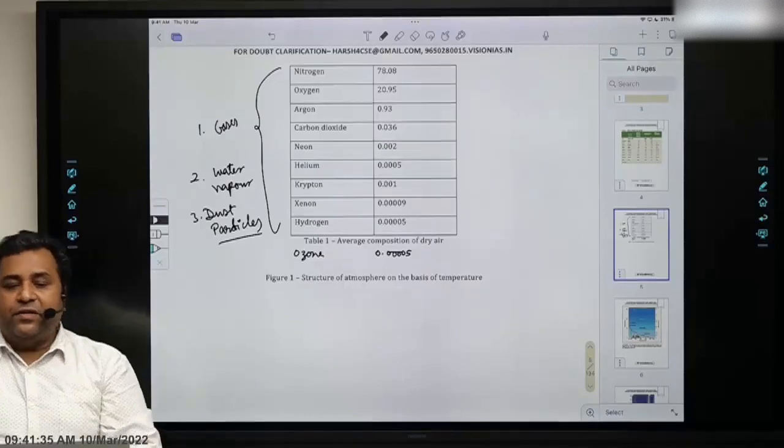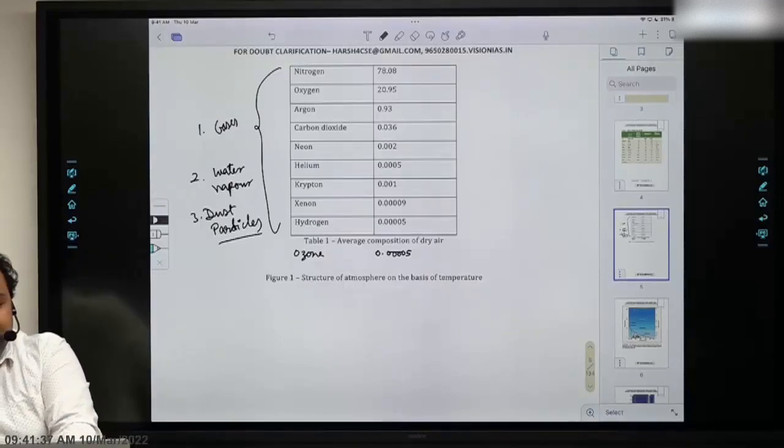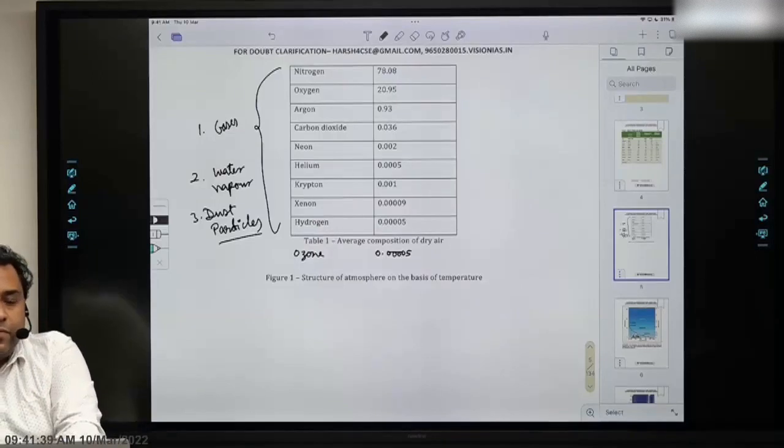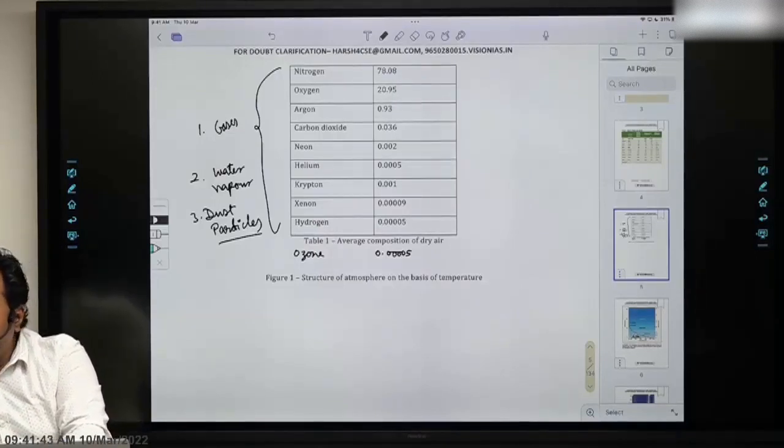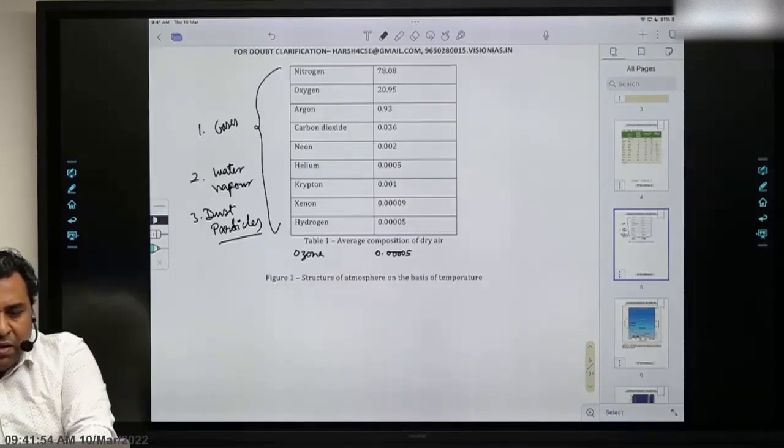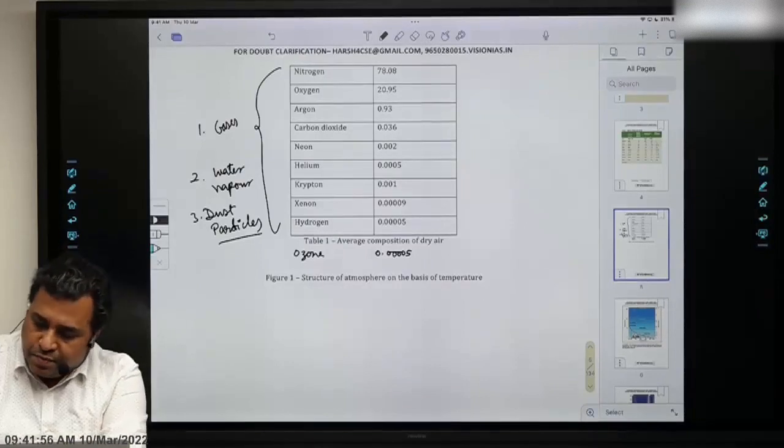That rainy areas, fewer dust particles, whereas drier areas, higher dust particles. Okay, good enough.